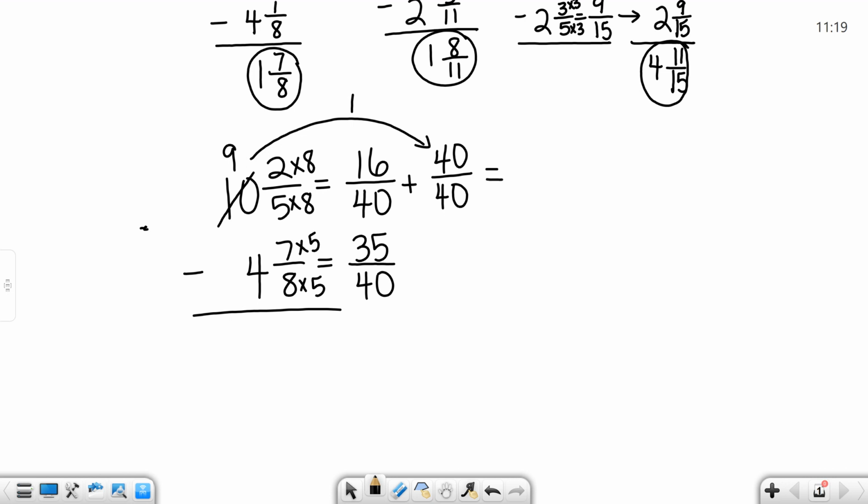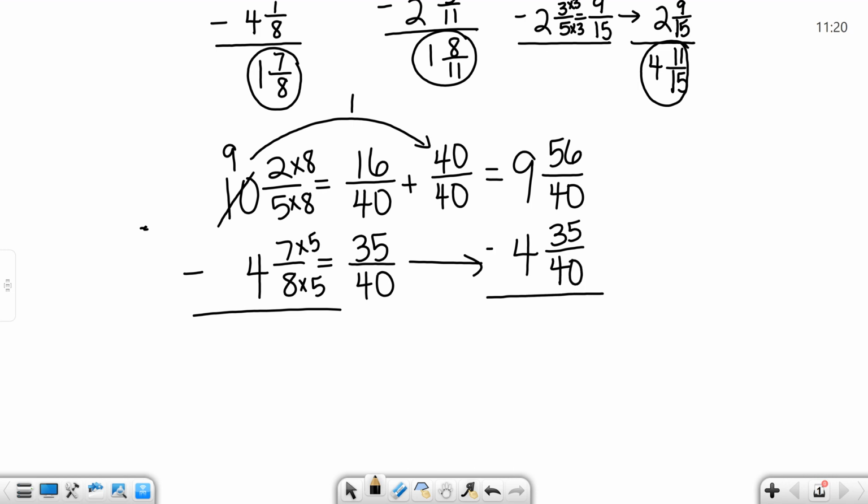We have a 9 for our whole number part, and then we have 16/40 plus 40/40 is 56/40. On the bottom, we can just bring it over. We have 4 and 35/40. And we're subtracting. 56 minus 35 is 21 over 40. 9 minus 4 is 5.